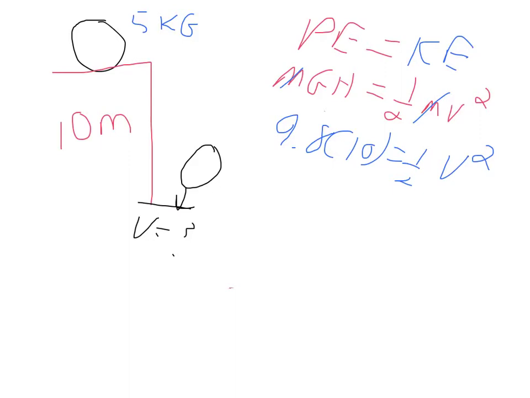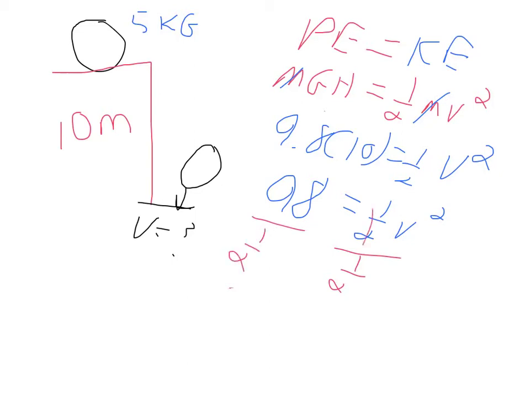Next I can multiply 9.8 times 10. I get 98 on the left, equal to 1/2 v squared. To get rid of the 1/2, I could divide by 1/2. So if I divide by 1/2 on this side, you got to divide by 1/2 on that side. The 1/2's cancel out. I'm left with 196 equals v squared.